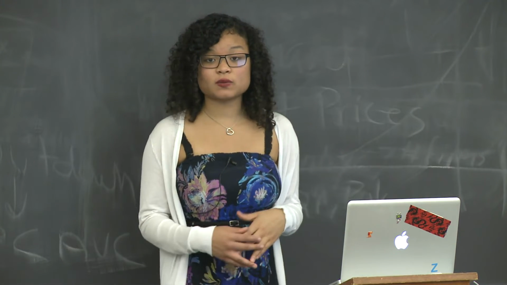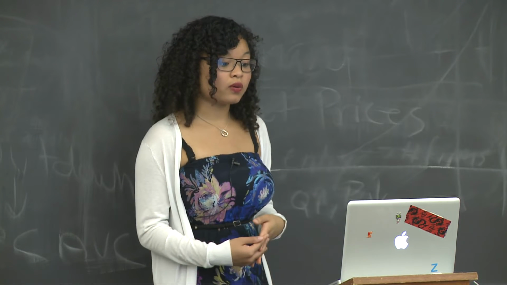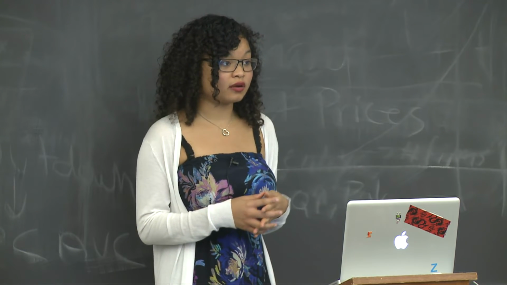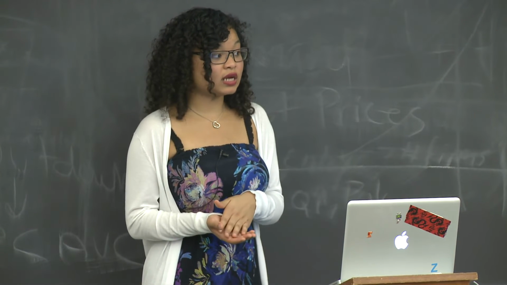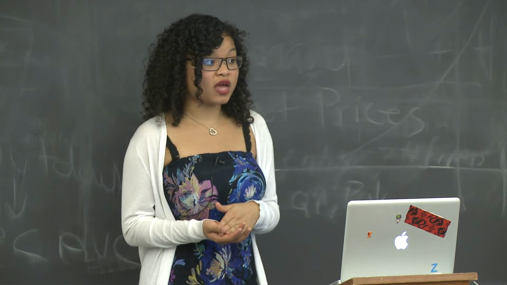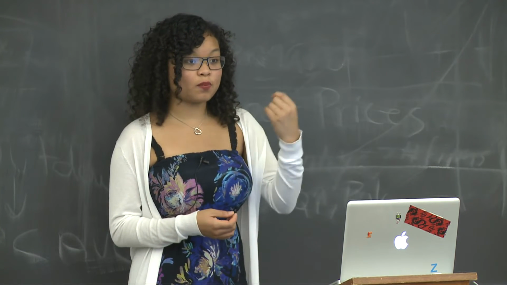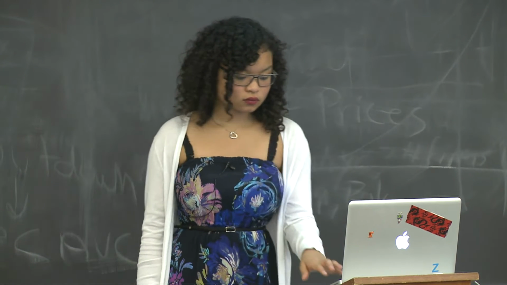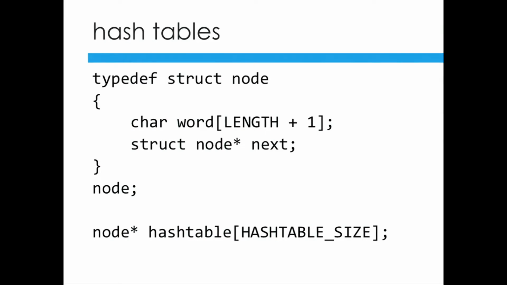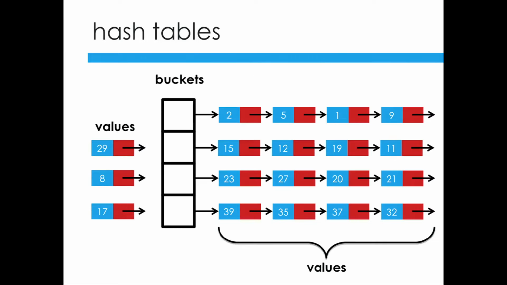But for a hash table, because we have multiple linked lists, a bucket is actually just a list of node pointers. Every element in the bucket is pointing to its corresponding linked list. To go back to the schematic, you see that the buckets themselves are the arrows, not the actual nodes.